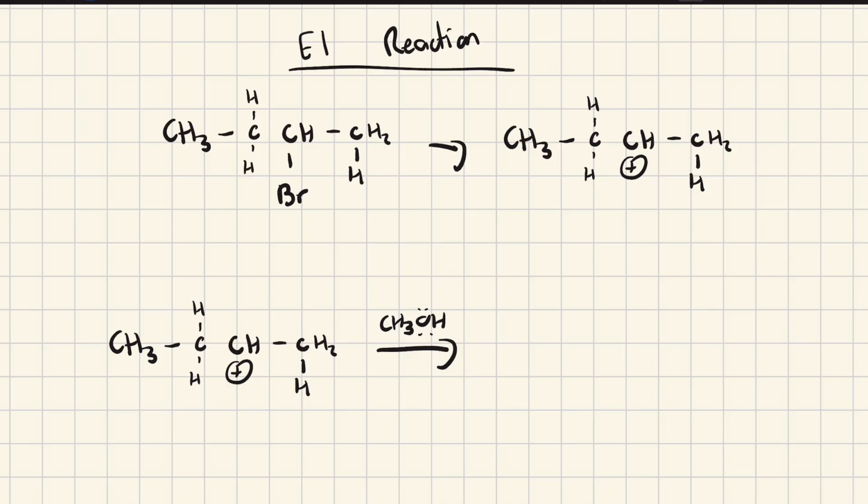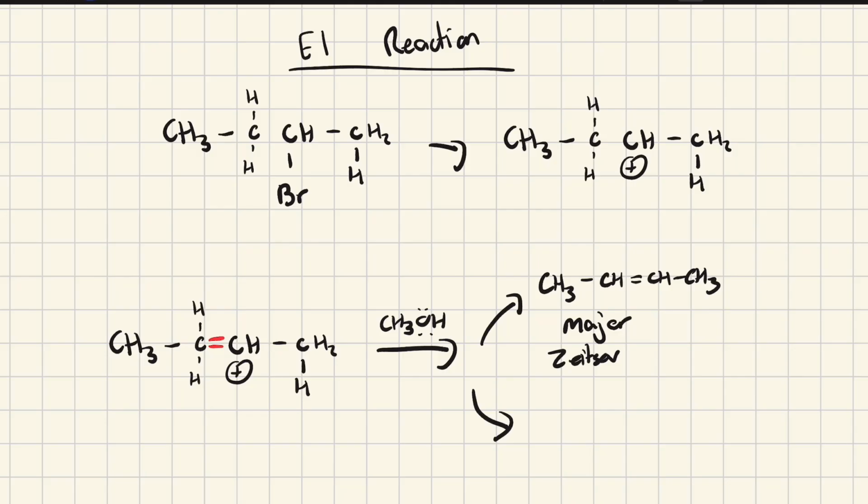Whereas if we formed our double bond here, this carbon is mono-substituted, and this carbon is also mono-substituted. So looking at our two options, the Zaitsev rule tells us that the major product is going to be the more substituted product. So that means that our major product is going to be the one that has two mono substitutions. So it's going to be CH3, CH, CH, CH3. This is going to be our major product or our Zaitsev product.